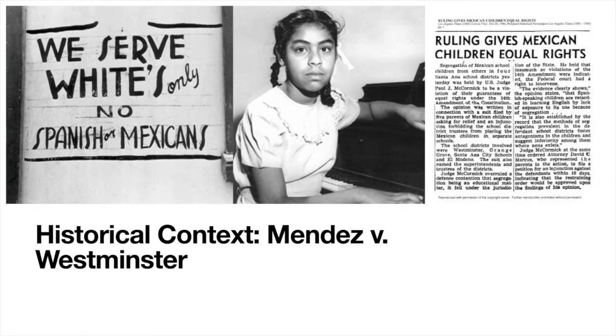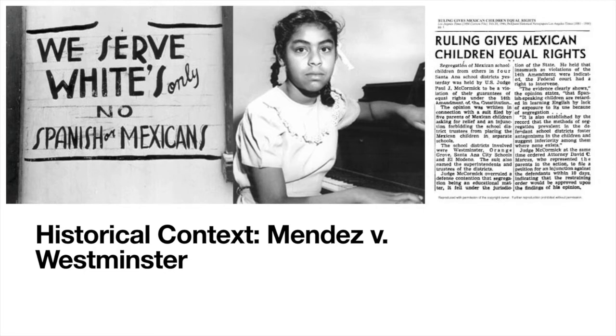Similarly, we have a case also from California, Mendez versus Westminster. Here we have a picture of Sylvia Mendez, the young woman in the case that went before the California Supreme Court and ultimately ended up ending separate but equal in California. But again, there was a strategy here of questioning whether or not Mexican Americans should be considered white or colored.